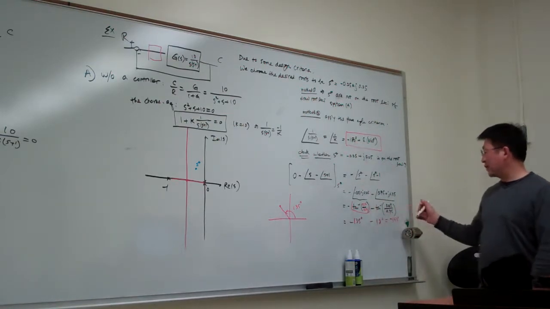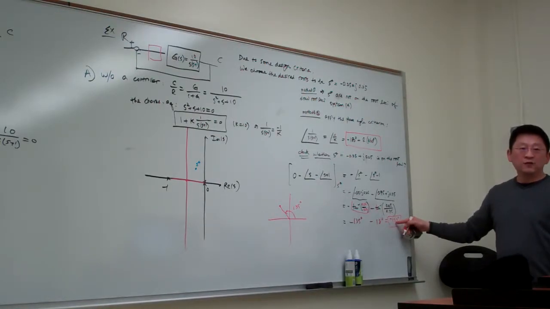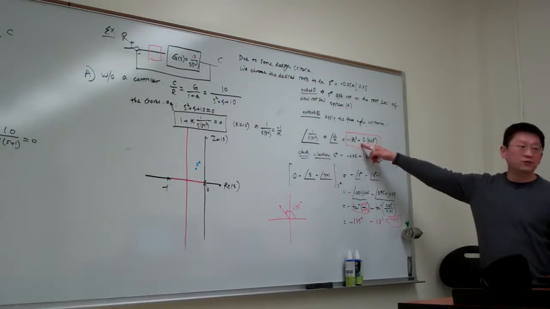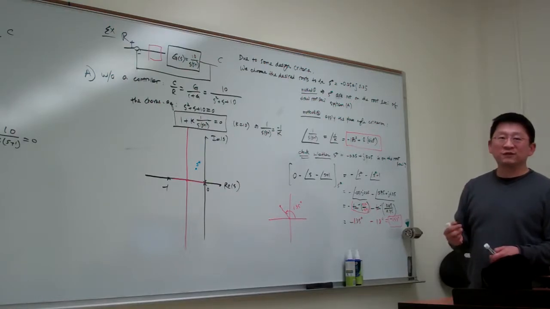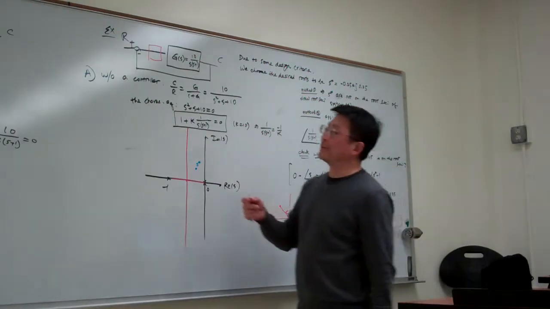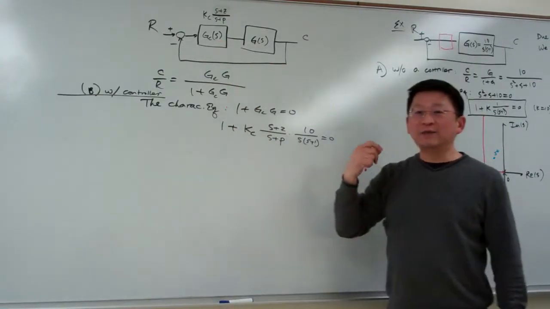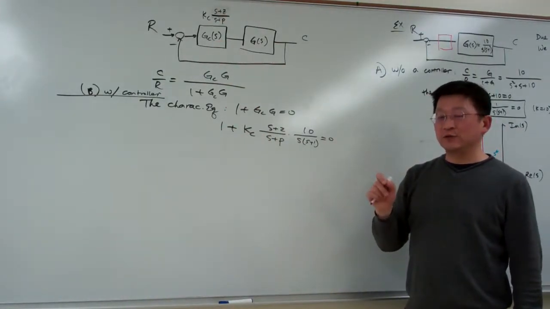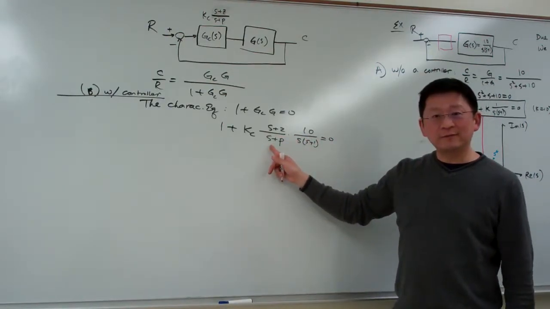So from 180 minus 153, if we can get a further negative 27, then we will meet this. So where does the additional minus 27 come from? That is from adding these portions.